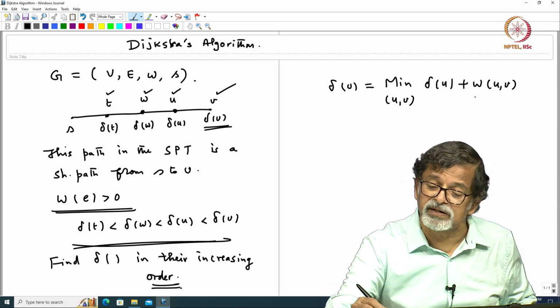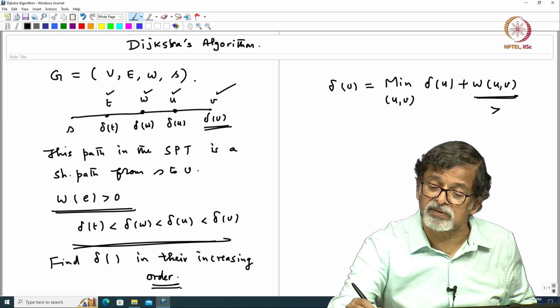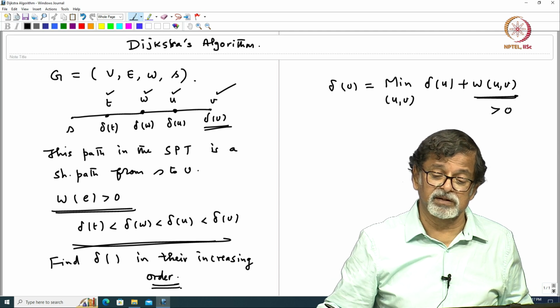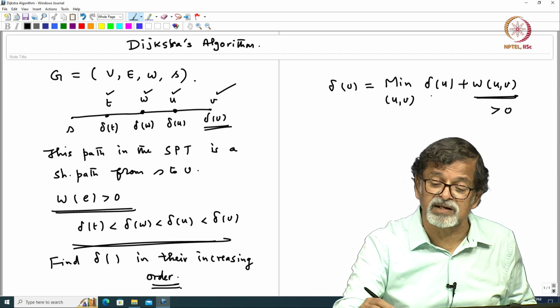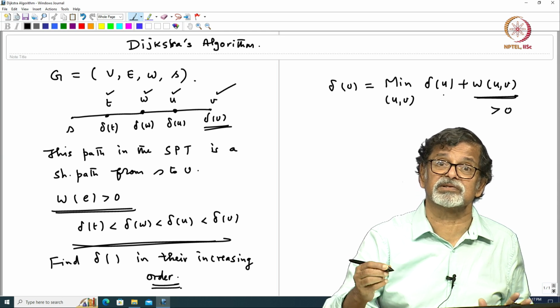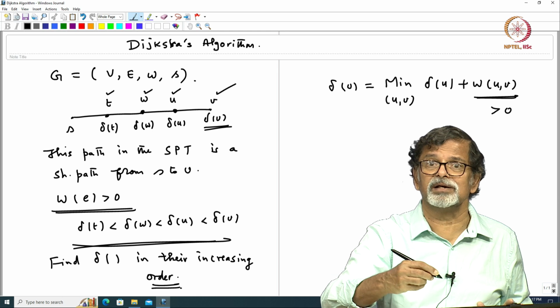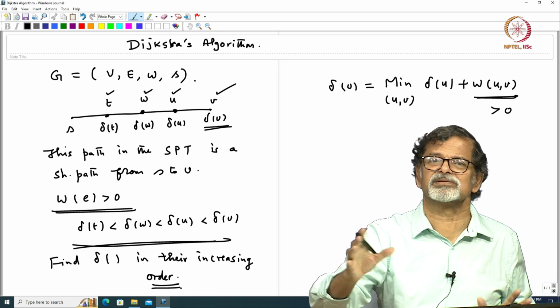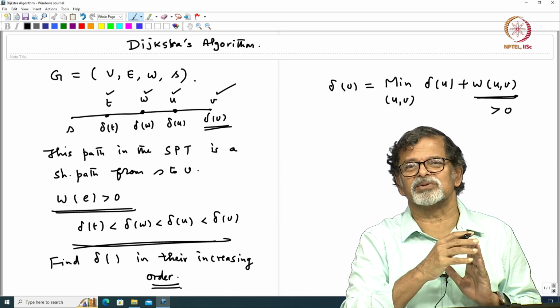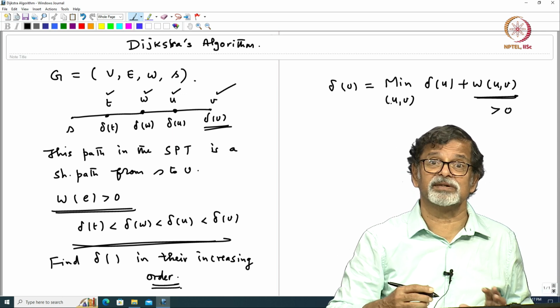So, see here all the weights are positive, therefore, the vertices with larger delta values are useless. They may be neighbors to V, but their delta values are not useful at all, because we have to find a minimum.